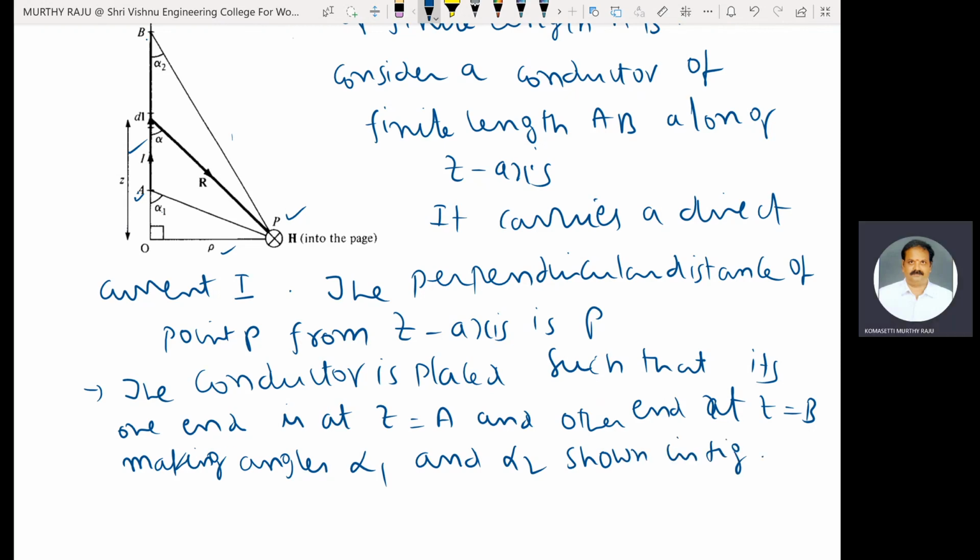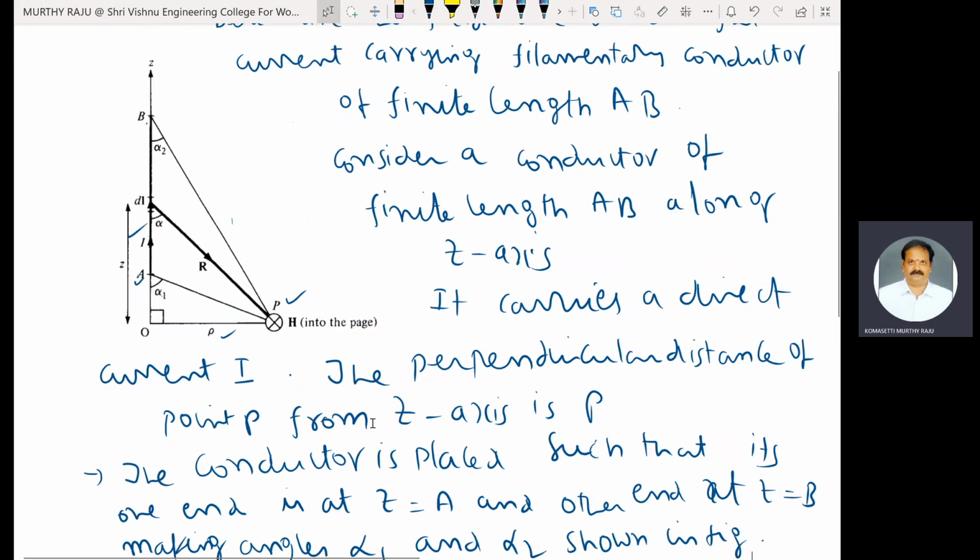This is the description of this current carrying conductor placed on the z-axis with finite length AB, making angles alpha 2 and alpha 1 as shown in the figure.